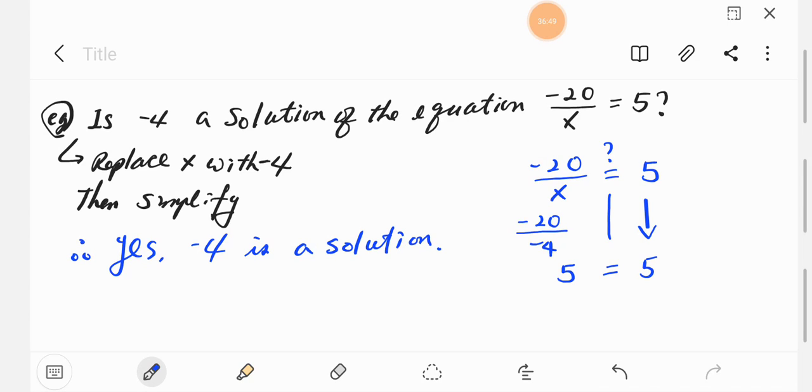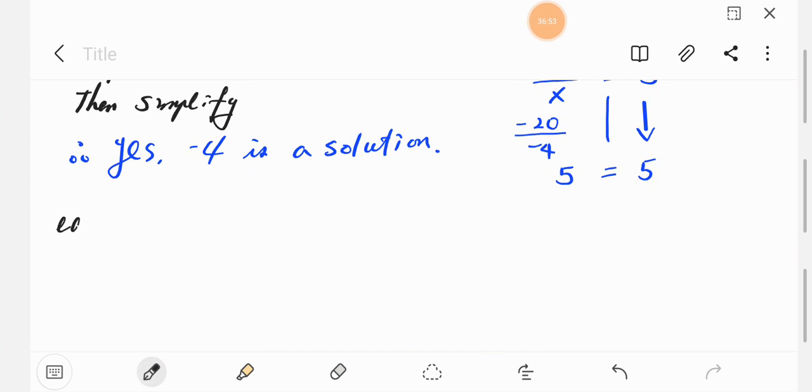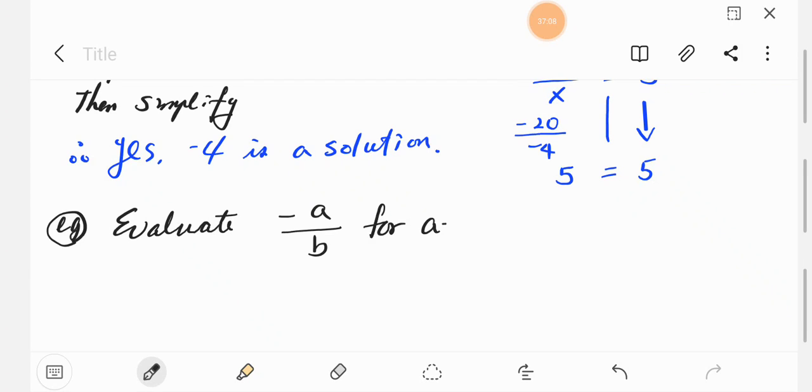Alright, then let's try more examples. Okay, let's divide. Now evaluate. Do you remember evaluating an expression? So evaluate negative a over b, where the value of a is equal to negative 6 and the value of b is equal to negative 3.